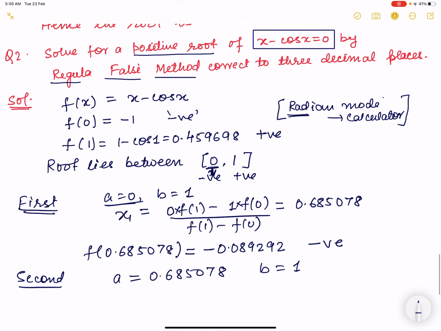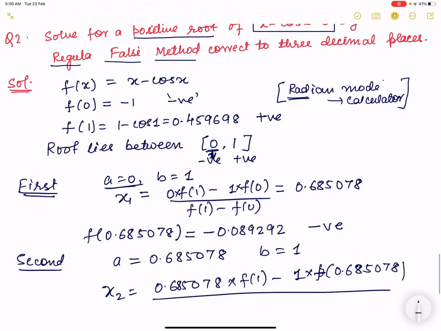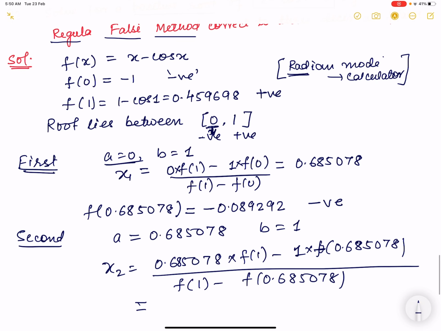And let us find the value of the second iteration, that is (a f(b) minus b f(a)) divided by f(b) minus f(a). When you calculate this, the value of x2 will come out to be 0.736299.